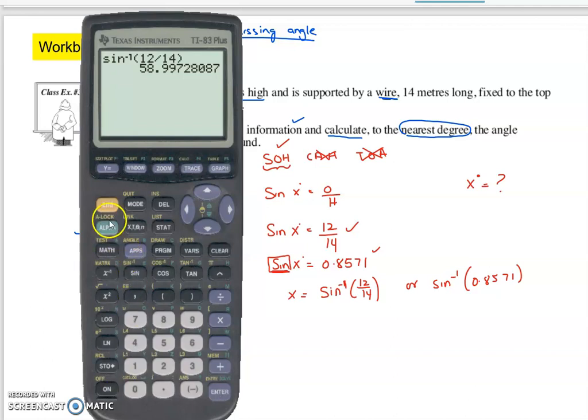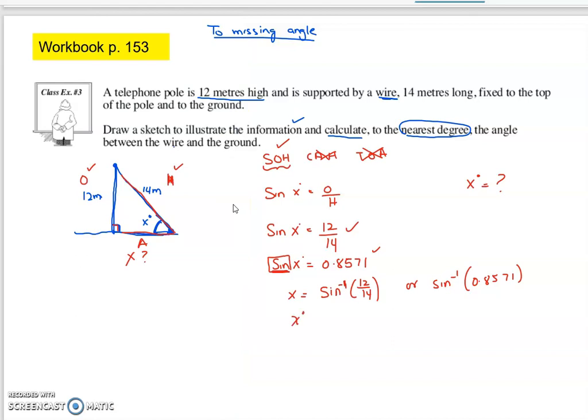Or I could have done it by putting that decimal number in, anti-sine of 0.8571. They're both equivalent. One is in fraction form, one is in decimal form, and it gives me the same answer. So my X is equal to 59 degrees rounded.